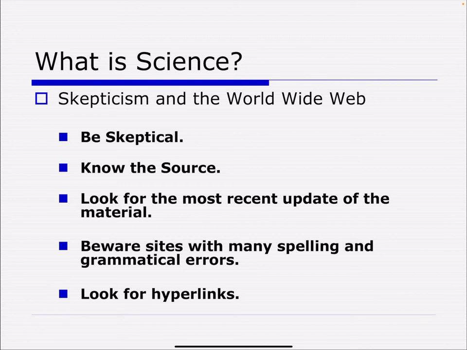You should be skeptical of weird looking sites. And then obviously beware of sites with many spelling and grammatical errors. That means the person is not very educated. And then also, and this is key, especially when you're looking through news stories or Wikipedia even, you should always look for hyperlinks.